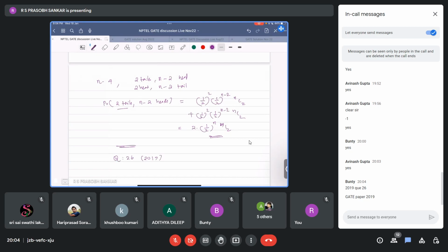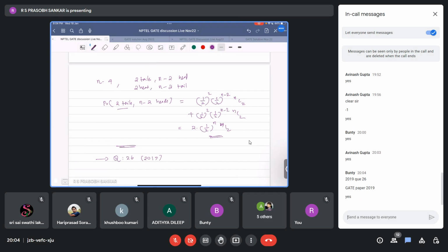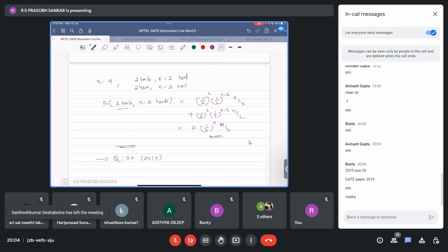So question 26, 2019. Maybe next class I'll discuss this. Is that okay? The next topic is also the same thing, signals and systems and engineering mathematics miscellaneous topics. So next week, I'll do question 26 of 2019, and I'll also discuss the Cauchy-Schwarz theorem. These two things I'll definitely do next week, and depending on the time, we will do some more questions related to miscellaneous topics and systems.